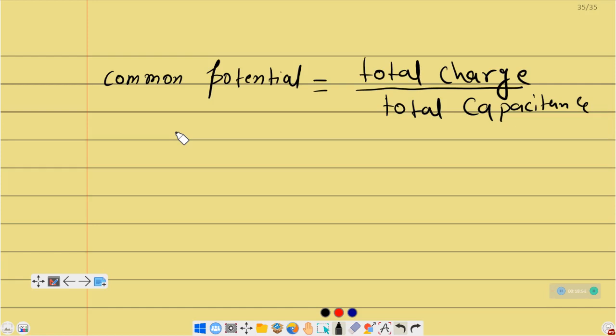We know that the charge flows from higher potential to lower potential till their potentials become equal, and this equal potential of the two capacitors is known as the common potential. When V1 becomes equal to V2, we can say that this is the common potential for two capacitors.